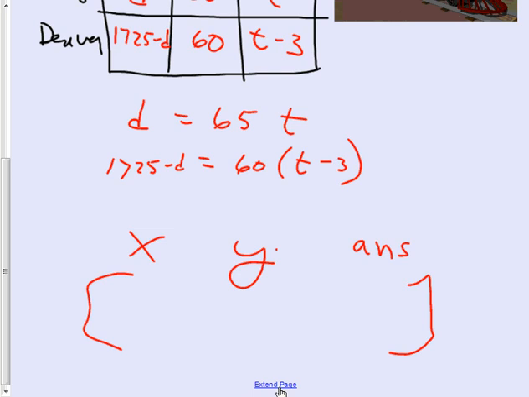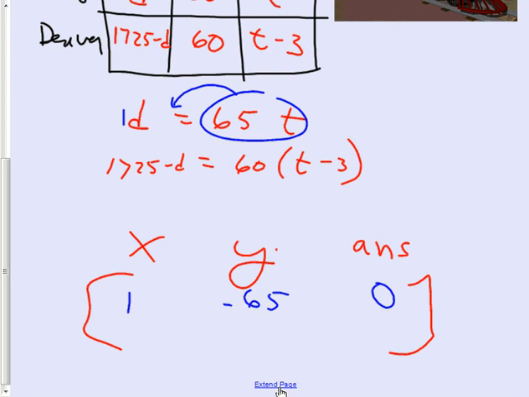The d, I could just put, what number's in front of that d? 1d. And then I'd have to move this to the other side, and that would make it, what? Negative 65. And what would be left that it is equal to? 0. Good. And then the next one, if I want to get d alone here, I'd have to put the 1725 to the other side, and then multiply by negative 1 to get, oh boy, that would get pretty ugly.